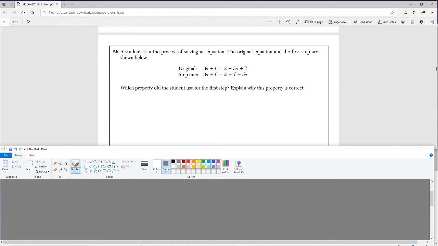Here, you can see that they're moving the 7 to this side, right? So what they used is something called the associative property. Actually, would it be associative? No, actually. It'd be the commutative property of addition.